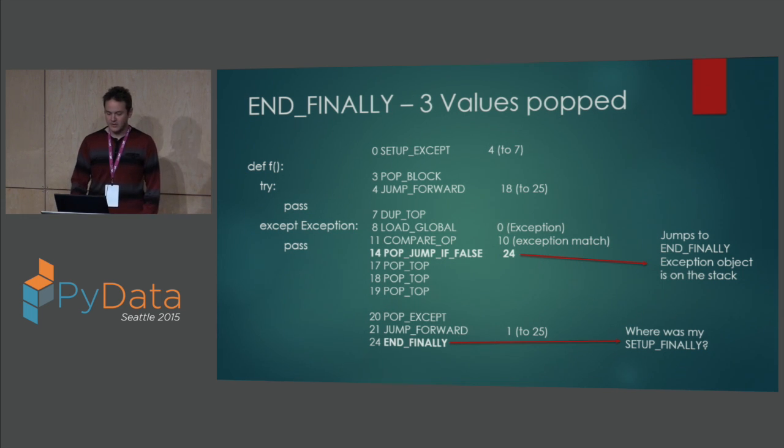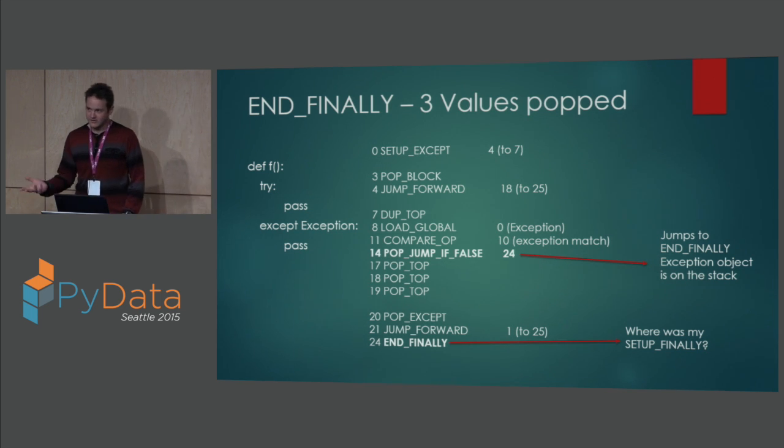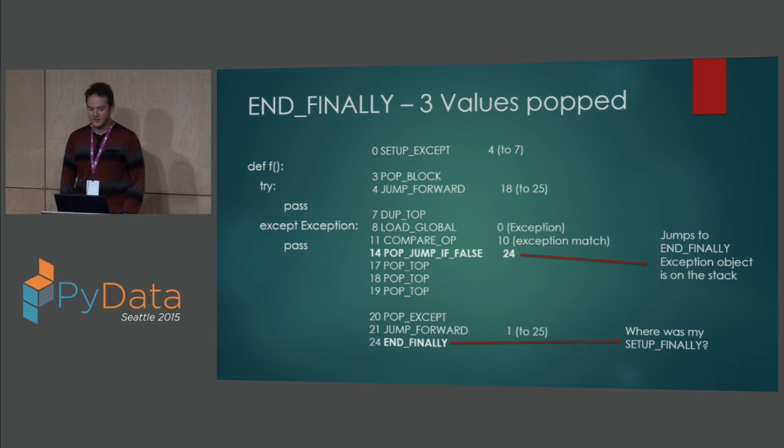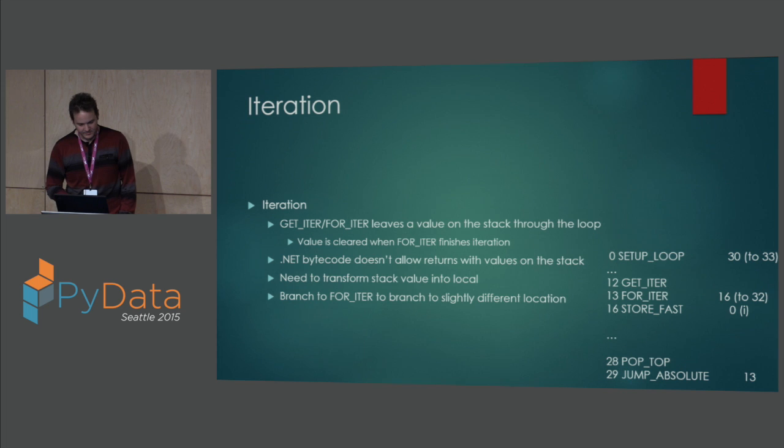So somehow, we actually have to make all of that work. The way that works is, we can see these setup except and setup finally opcodes, and we can manifest that same block stack at compile time, just like CPython does at runtime, except if there was crazy control flow, crazy weird bytecode not produced by the compiler, we're going to get very confused about how we manifest that block stack at compile time.